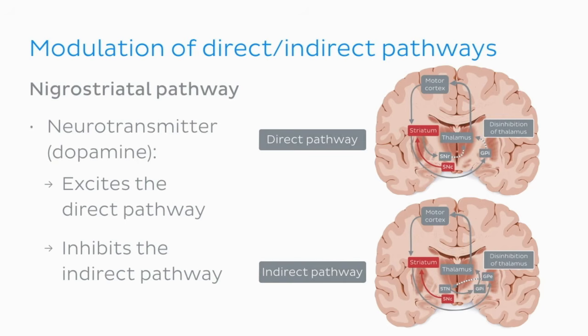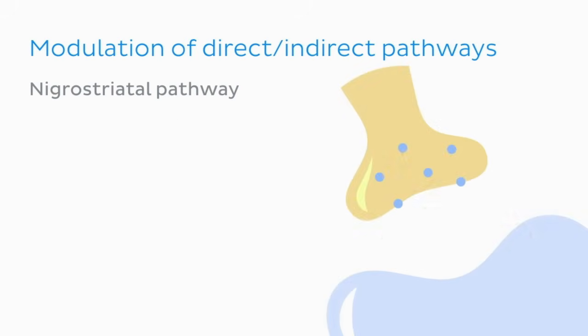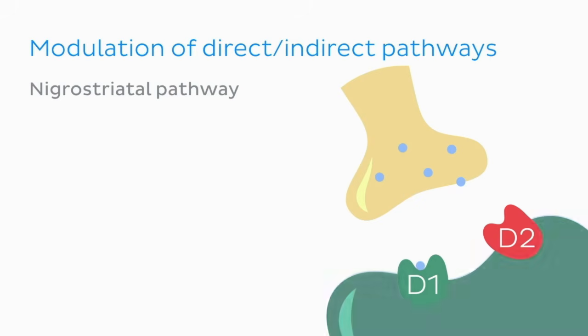The different effects on the direct and indirect pathway are explained by the activation of the different dopamine receptors that are located within the neurons of the striatum. There are two types of dopamine receptors, D1 and D2, which respond differently when stimulated with dopamine. Stimulation of D1 results in the excitation of the neuron, while the stimulation of D2 results in inhibition.